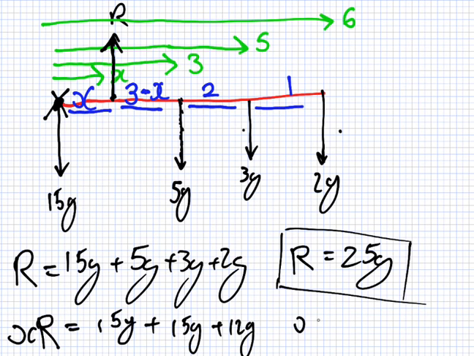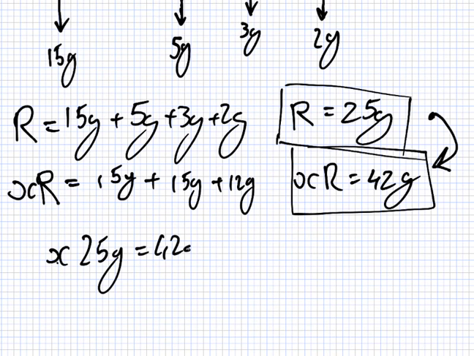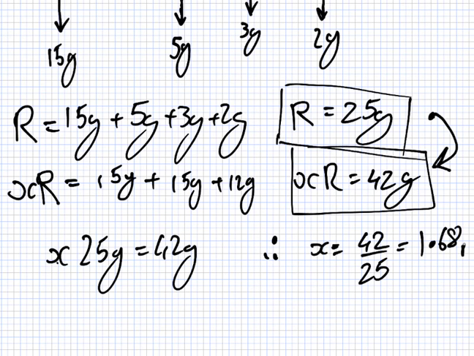So you get xR equals 42G. Now that's great because I can put this in here. So I get x times 25G equals 42G, so therefore x equals 42 over 25, what's that please? 1.68 meters. Okay, so that's number 3.